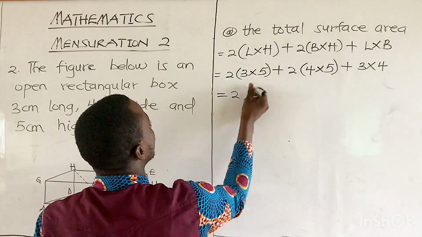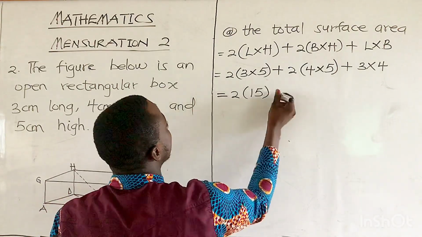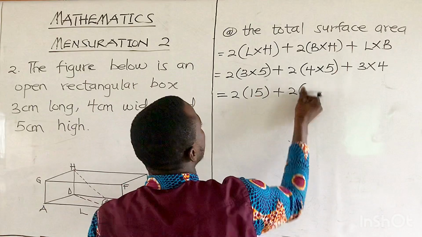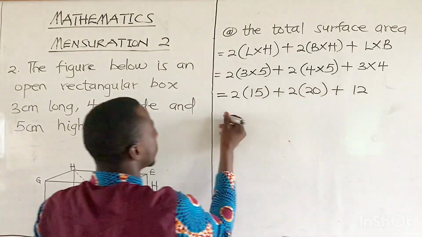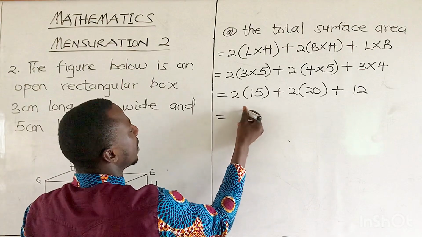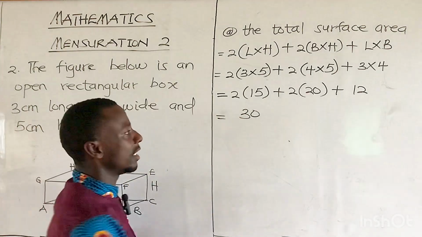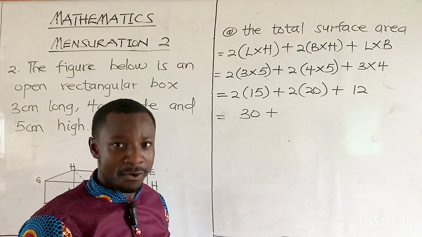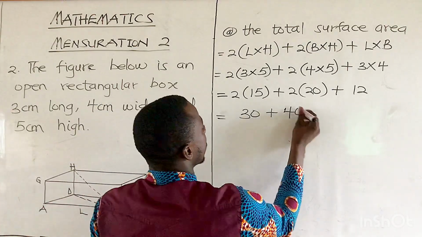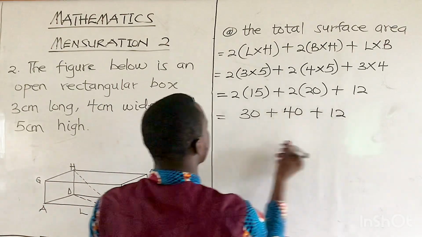So we have 2 multiplying 15 plus 2 multiplying 20 plus 12. 2 times 15 we have 30, plus 2 times 20 we have 40, plus 12.